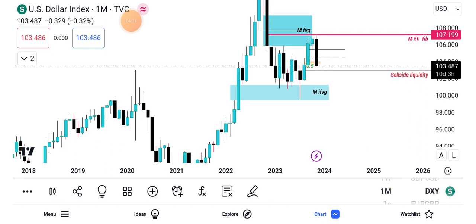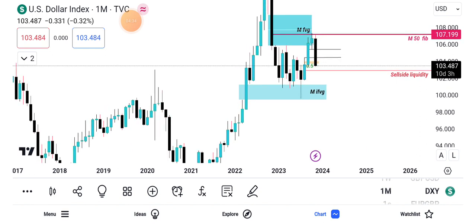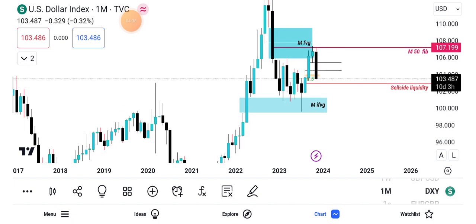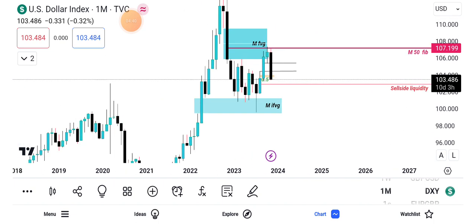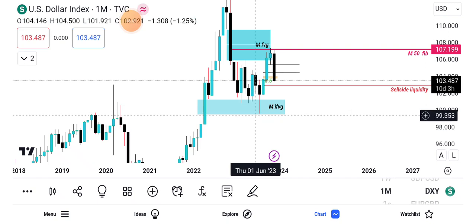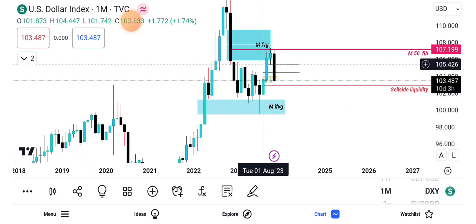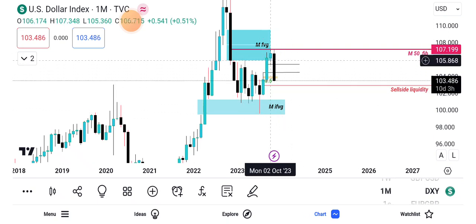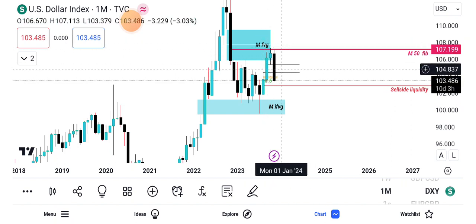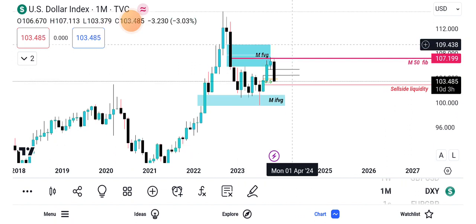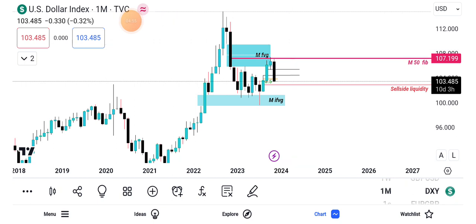Okay, so we are anticipating lower prices, but price showed signs of a retracement. Immediately it made this low, we saw this retracement, to this level, the monthly fair value gap, which is the level it had drawn to.